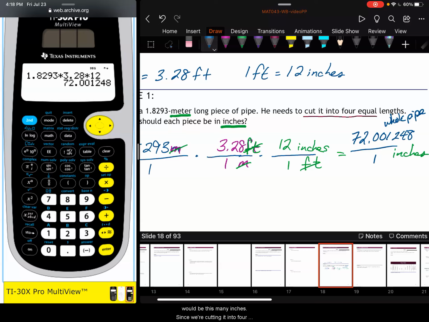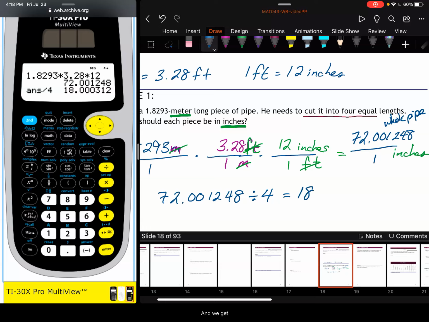Since we're cutting it into 4 pieces, I'm going to take that number, that's 72, and its decimal, and divide it by 4 because we're cutting it into 4 pieces. So then on my calculator, I'm just going to divide that answer by 4. And we get 18.000312.